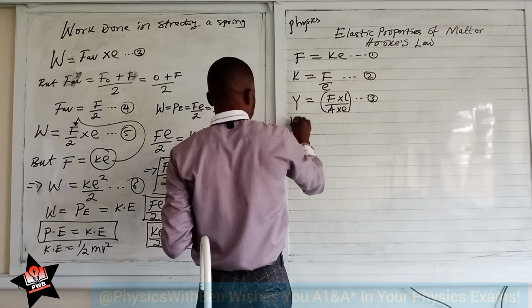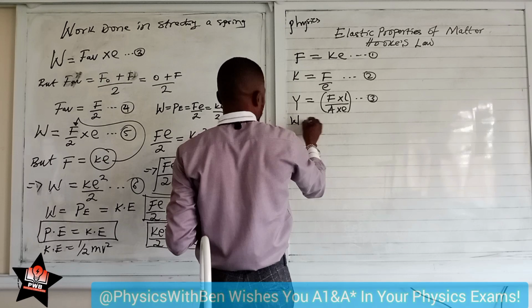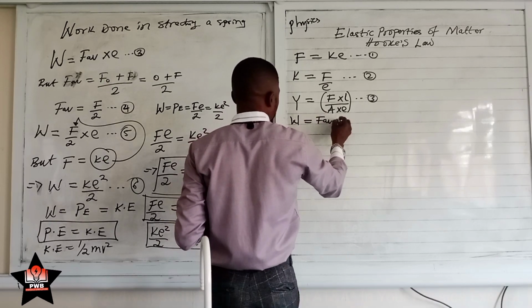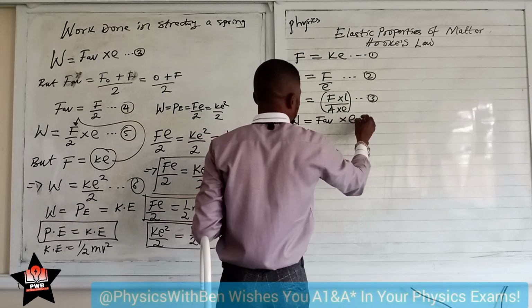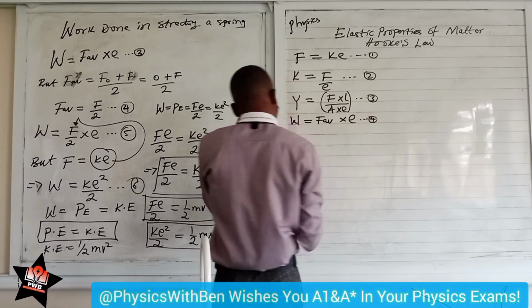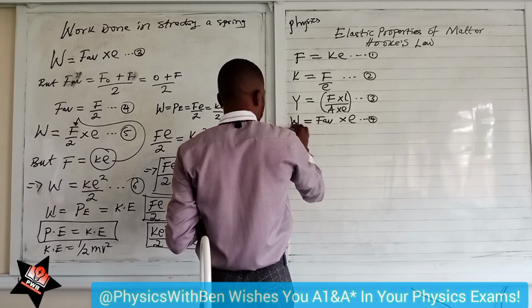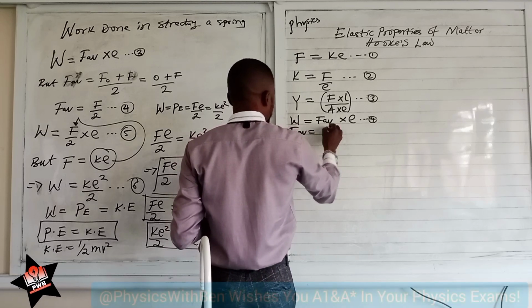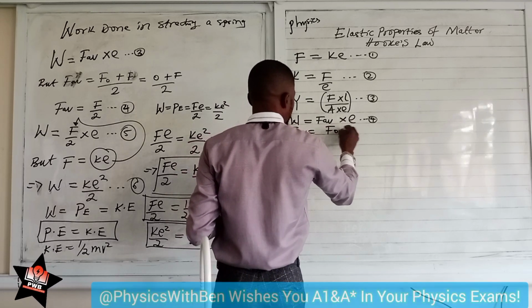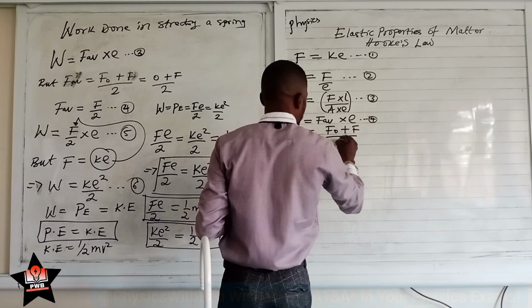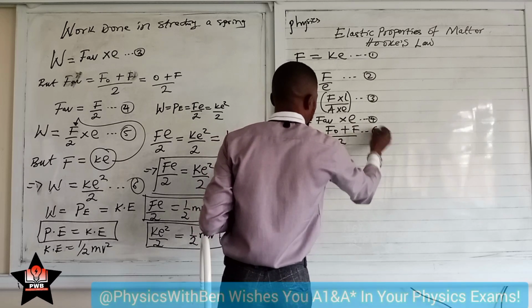We also have work done is equal to average force times extension, equation number 4. We also have average force is equal to initial force plus final force divided by 2, equation number 5.